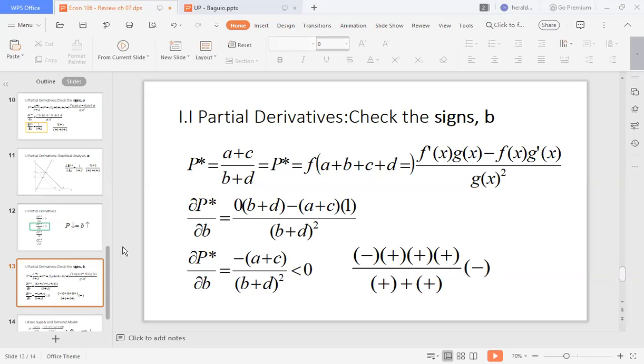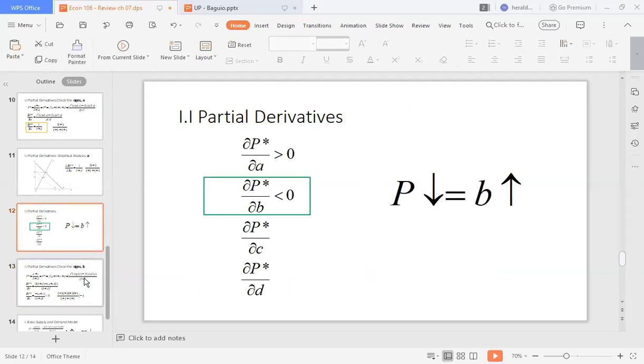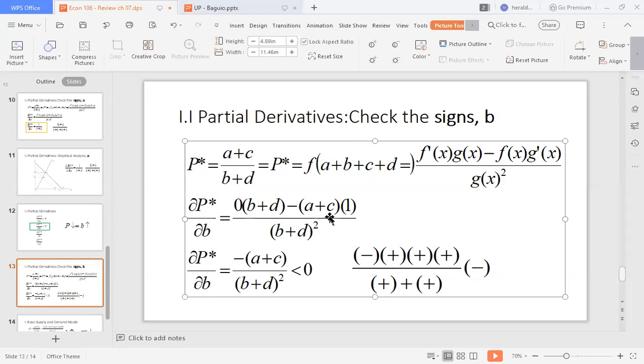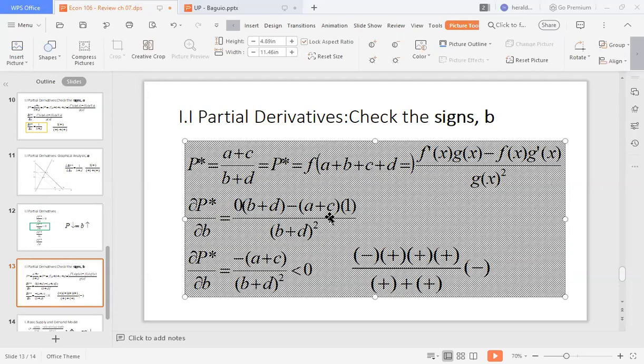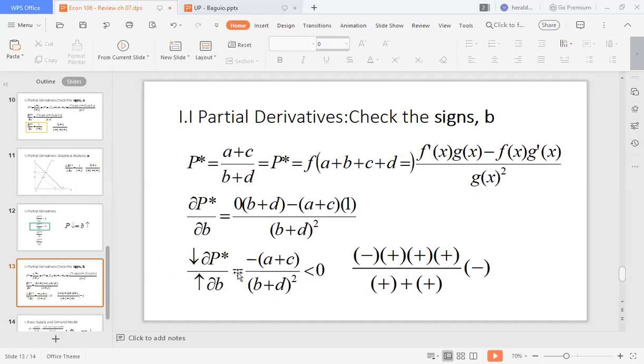When you go back to this one here, you know that if there is an increase in A, then there will be a decrease in your P. So the total effect of a change in the parameter A on the equilibrium value is a decrease in P.